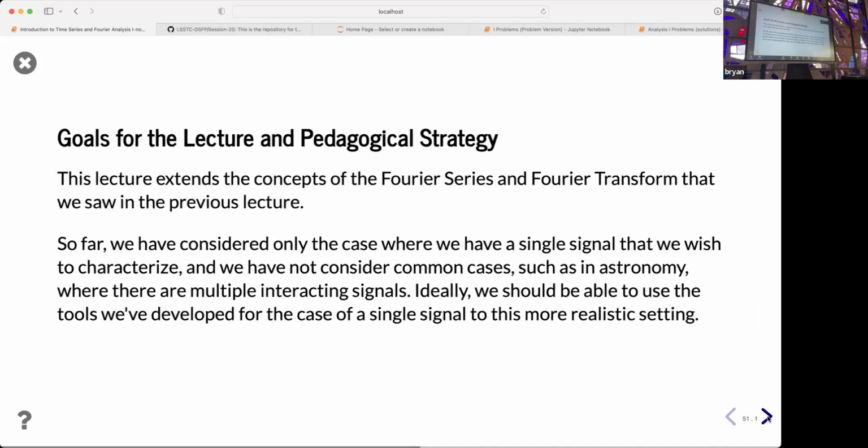So here are the goals. So far we've seen just a single signal that we tried to characterize. What we want to generalize that to is multiple interacting signals, where the interaction between the signals does something to the process that we're interested in learning about. So we should ideally be able to generalize to that multi-signal space.